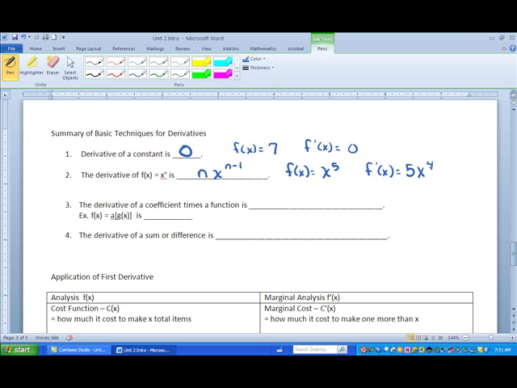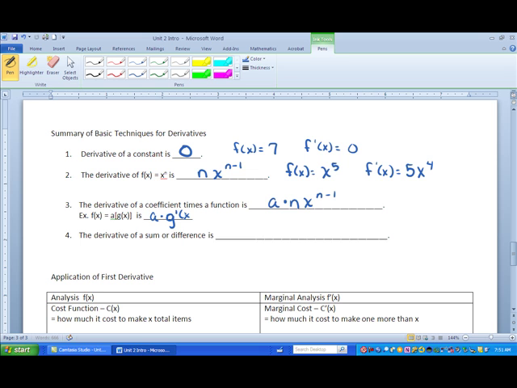Now when we put a number in front, we simply have to multiply whatever coefficient was in front of our function times the power and decrease the power by 1. So here we would just have a times n, or a times g prime of x.